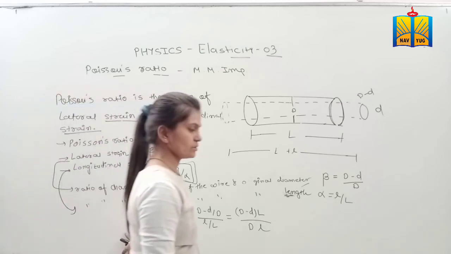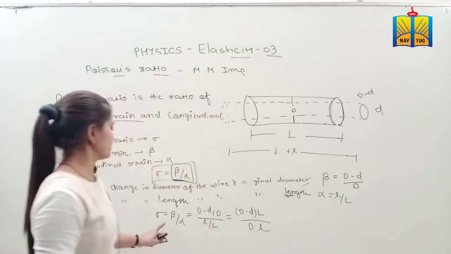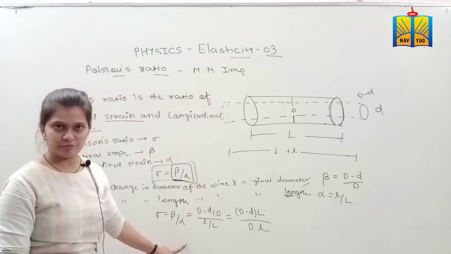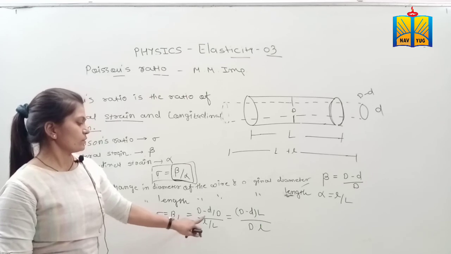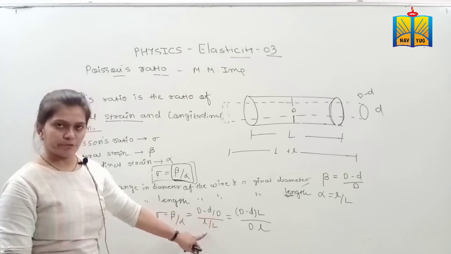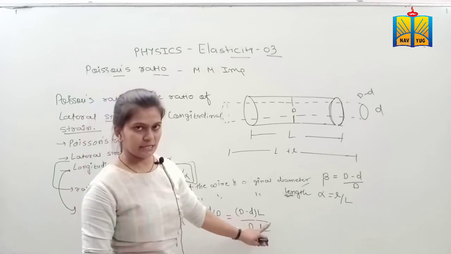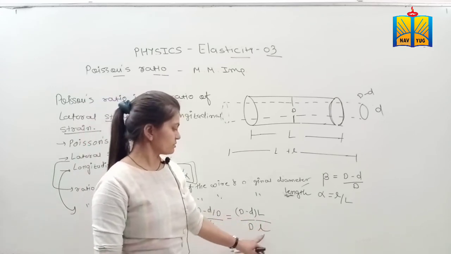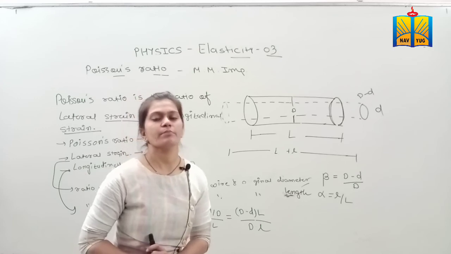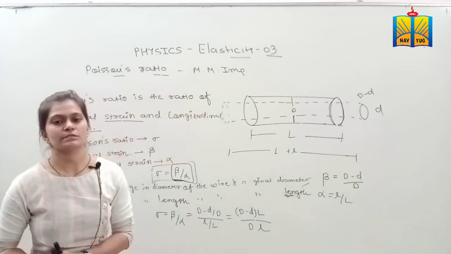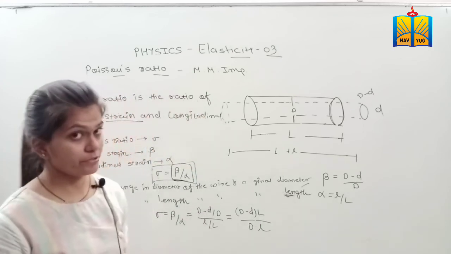So sigma is equal to beta upon alpha, which is equal to (D minus d) upon D, upon l upon L. The final equation becomes (D minus d) into L upon D into l. And the Poisson's ratio is a unitless quantity. Finally we have done this question.